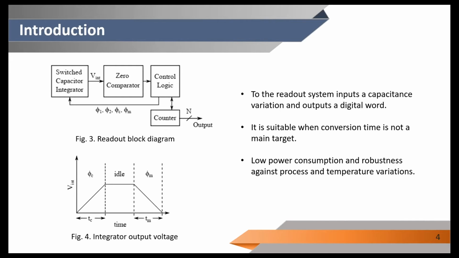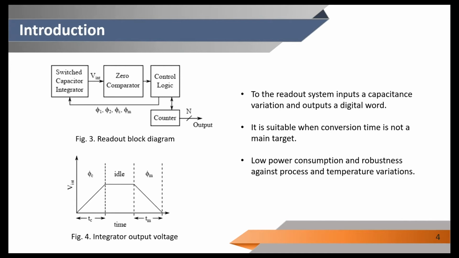In the calibration phase, the sensor capacitance is charged to a specific voltage, while a counter in downward mode records the calibration duration. Then, in the idle phase, the sensor interacts with the analyte, which decreases the sensor capacitance.